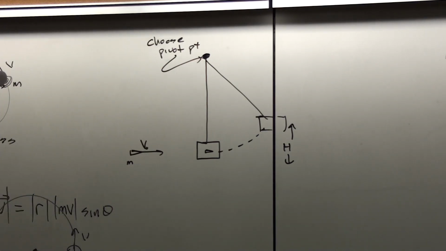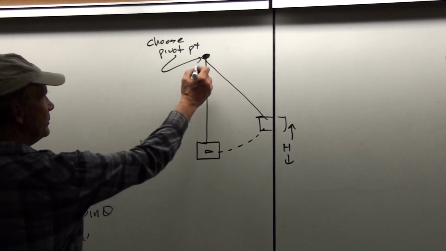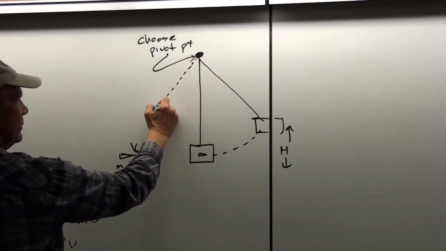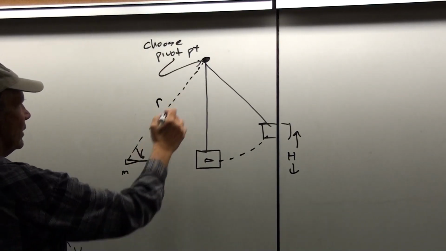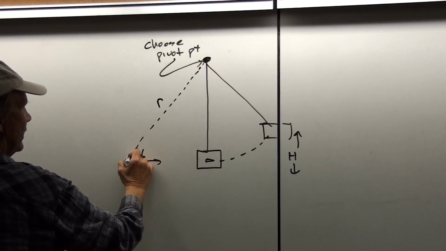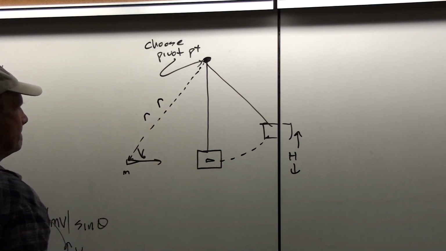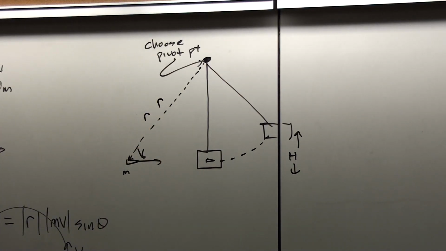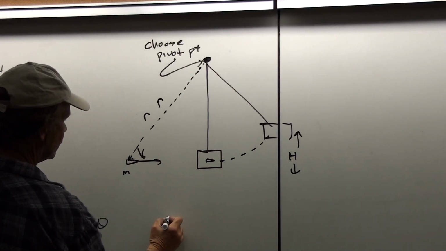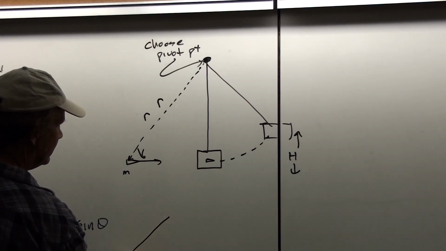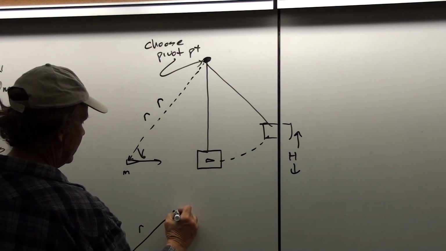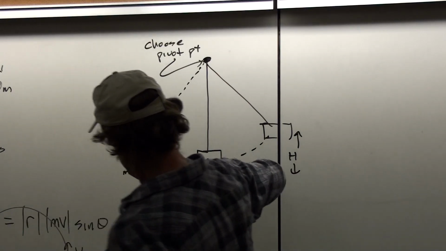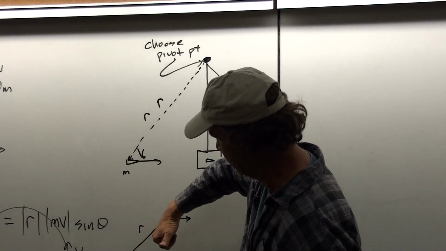So how to do this? Well, we can use conservation of angular momentum if we can figure out the angular momentum of the mass at this distance r away. So here's our r value, r. Okay, and so if we want to figure out the direction of this angular momentum, this is r, and this is mv, then we do r cross mv.